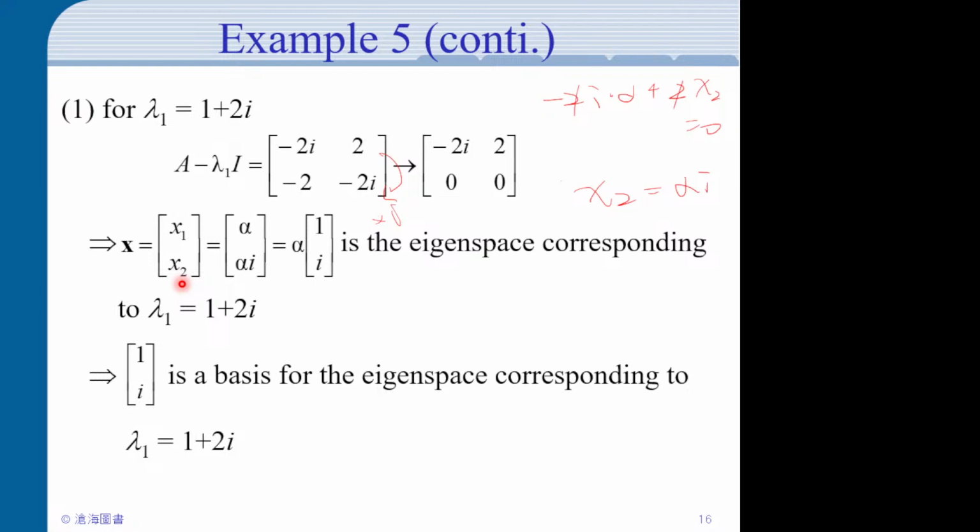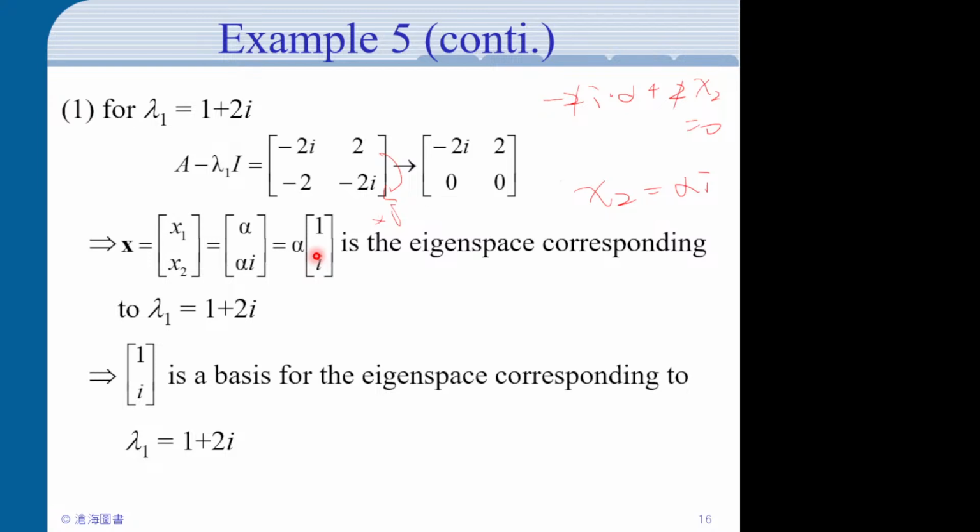So you just do everything with complex values. And this is alpha and alpha i. You take a multiple alpha as before, and then you see your eigenvector is (1, i). Okay.